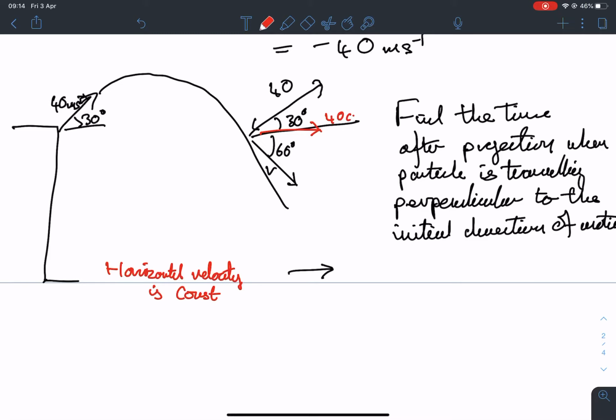So, have a go, pause this, and then start it again, obviously, and see the answer to compare.